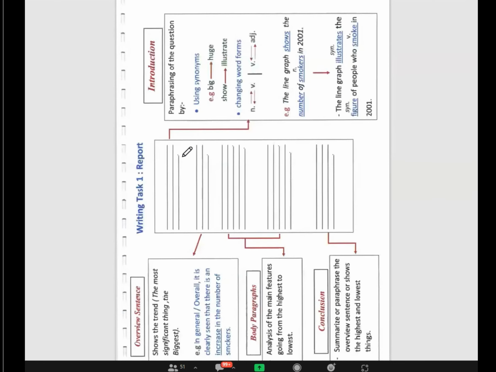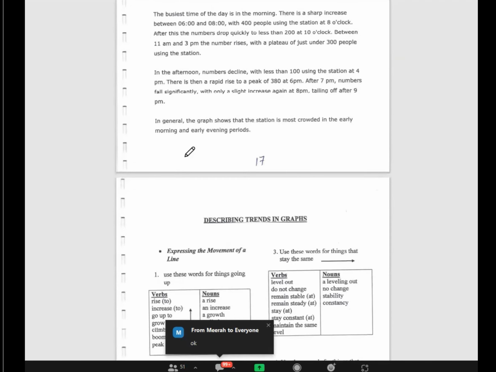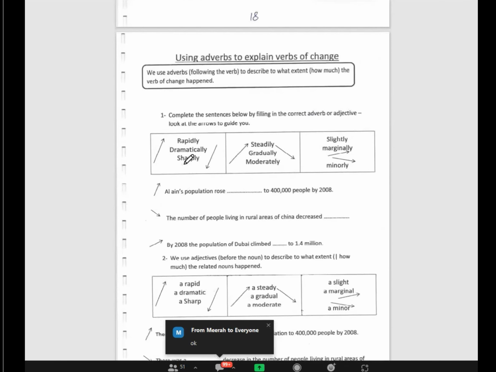Let's continue the writing now. Close your books, please. Yesterday we talked about the organization of the report in task 1. What are the parts of it? What is the first paragraph of the report?